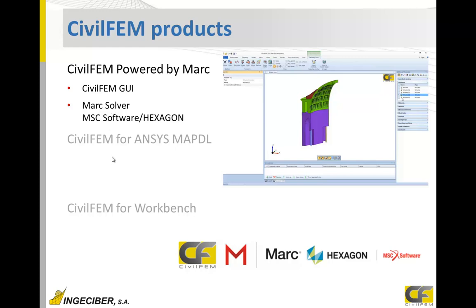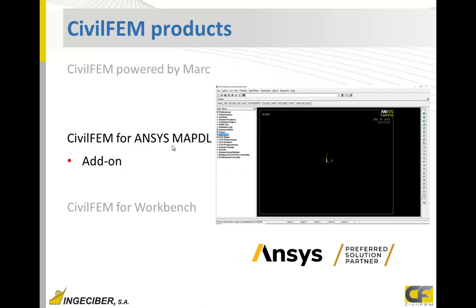The other CivilFEM solution is CivilFEM for ANSYS Mechanical APDL. This is the solution we are going to see for this nuclear power plant design. CivilFEM in this case is an add-on for ANSYS. So what CivilFEM does is add some tools to ANSYS Mechanical APDL.